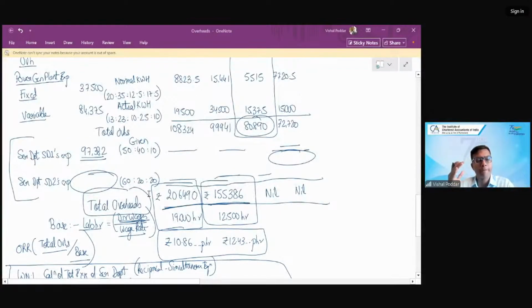So we did primary, we did secondary, and after secondary, we calculated the main thing for which we have done all this working, that is the overhead charging rate, overhead recovery rate, which is in short called as ORR. Done? Clear? Perfect, Nitya. Great. Good, Kuldeep.